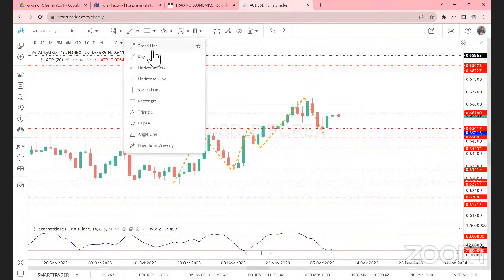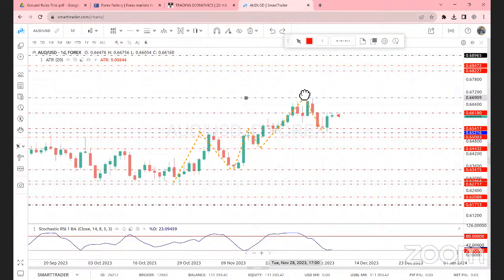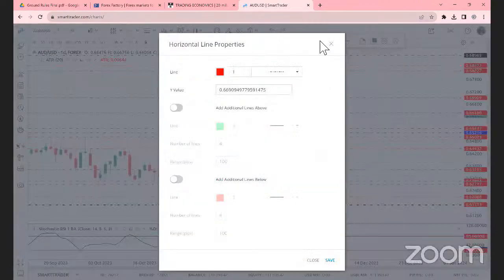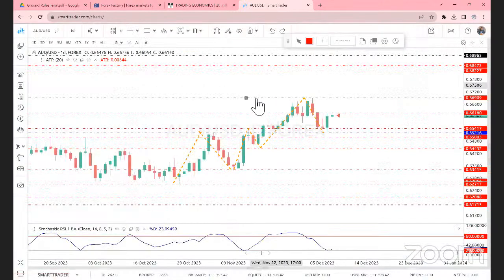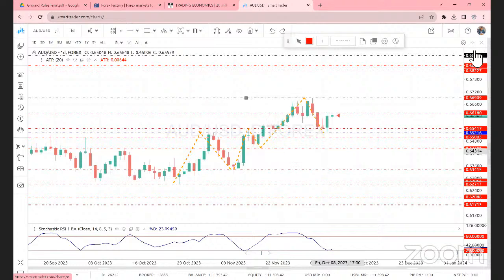So, we have a swing high right there. If we break through that 66.18 as a result of the news, then we're just going to continue to look for higher highs and higher lows. Right.